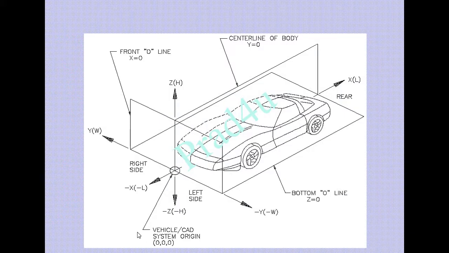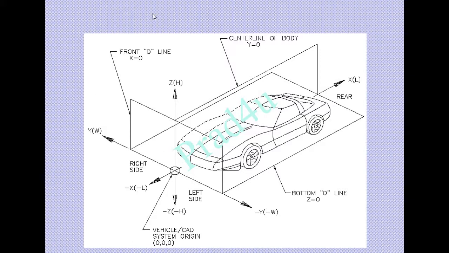This is another diagram of a vehicle, and this is a supercar. In some supercars, the origin of the car is considered at this point. It means it is the point where both of the front light foci are going to meet at one point.